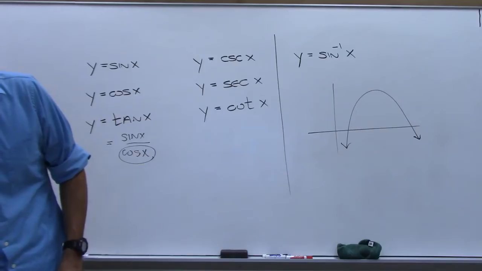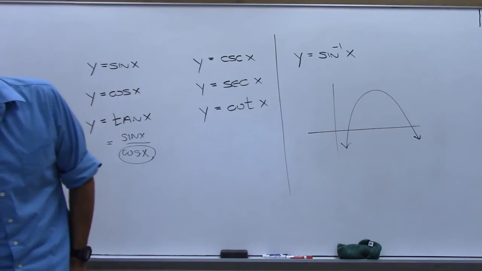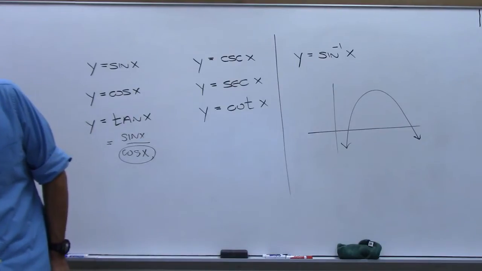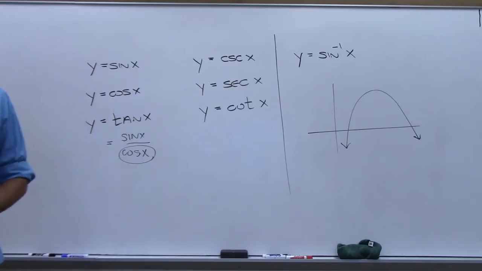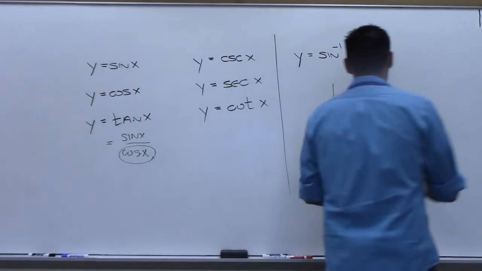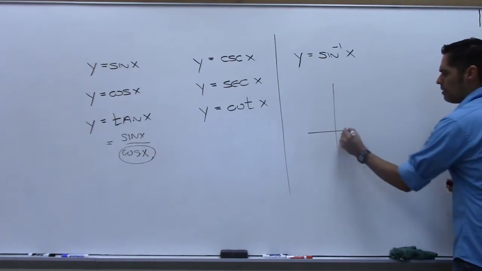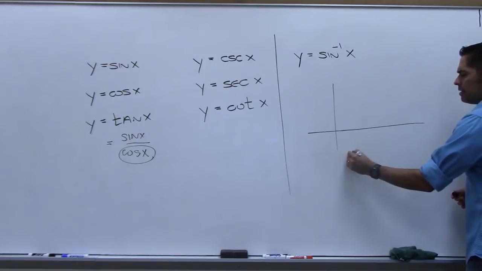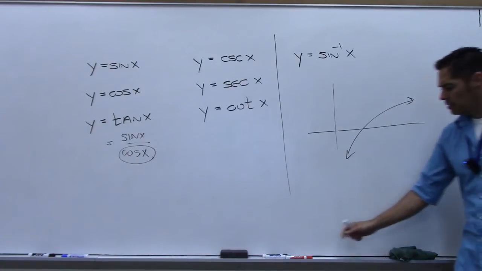So here's what happens if I graph the two together. The red one is the sine curve, the blue one is the inverse sine, and for all functions, when you graph their inverses, does anyone know what the relationship is when you look at them graphically, geometrically? Like if I say that this is a 1-to-1 function, what does its inverse then look like geometrically?